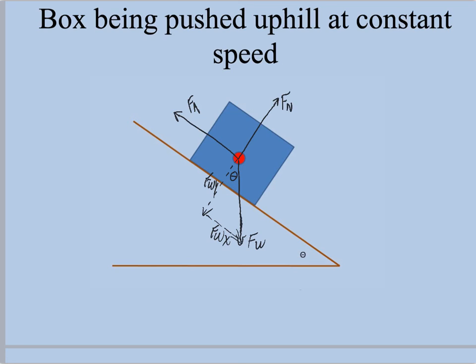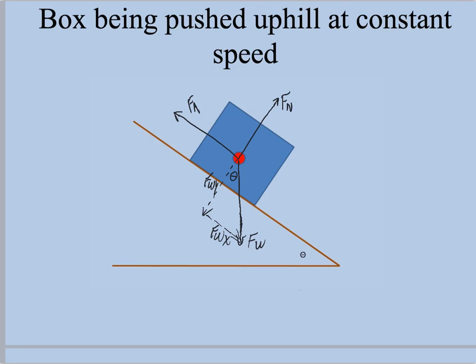Well, the rule is that friction always goes opposite the direction of the object. So in this example, friction is actually going to point down the incline, down the hill. And that's different from our previous examples because we always had friction pointing up the hill. Well, that's because the box was moving or intended to be moved down the hill.